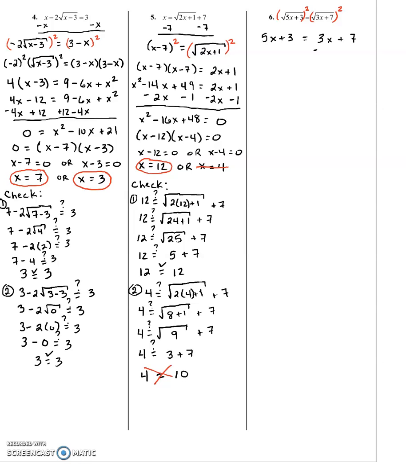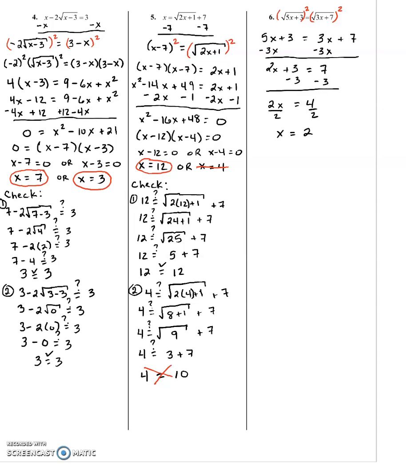So now let's get the x's on one side of the equation and get the numbers on the other. So if I subtract 3x from both sides, I get 2x plus 3 equals 7. And then let's subtract 3 from both sides. We get 2x equals 4. And then we're going to divide both sides by 2. So we get x equals 2.